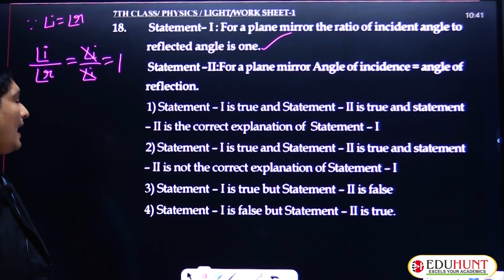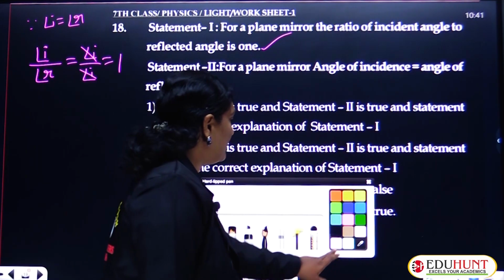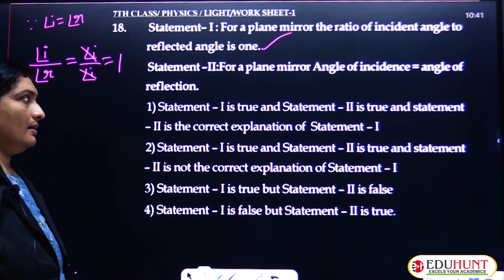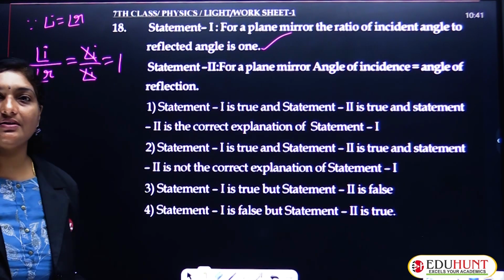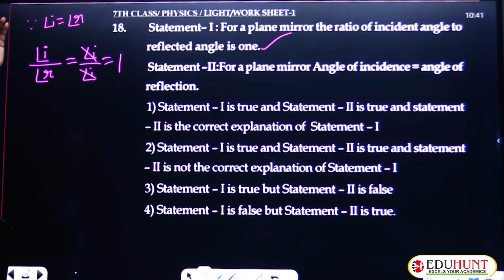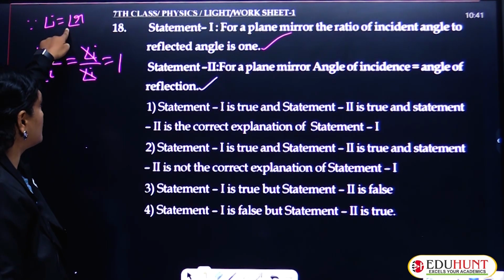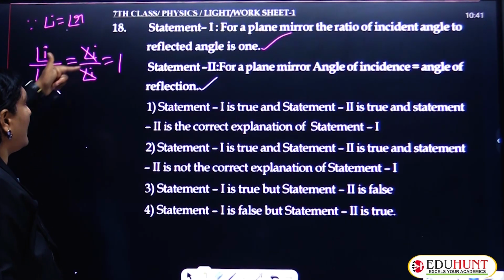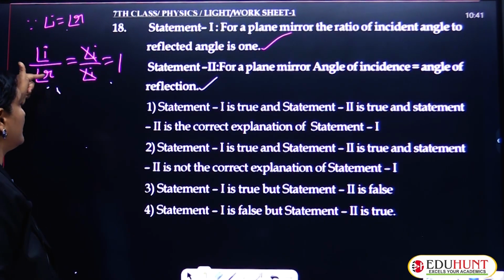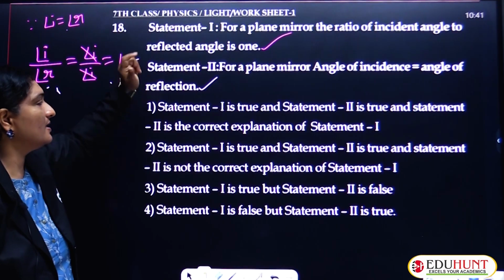Well, statement 2 says that for a plane mirror, angle of incidence is equal to angle of reflection. Yes, this is also true. Because this statement is true, we have solved that the ratio of angle of incidence to the angle of reflection is 1.